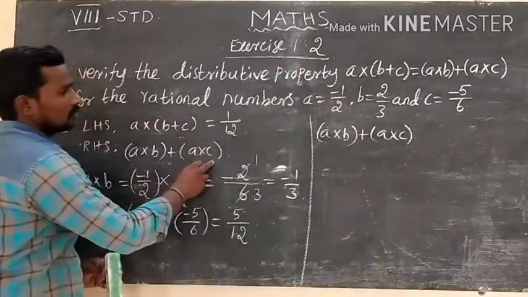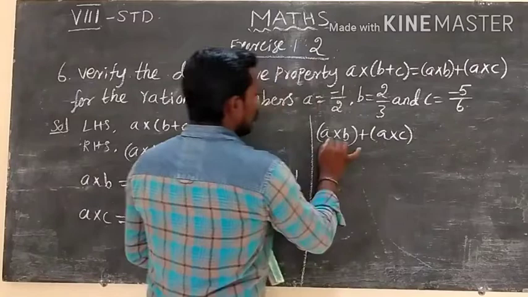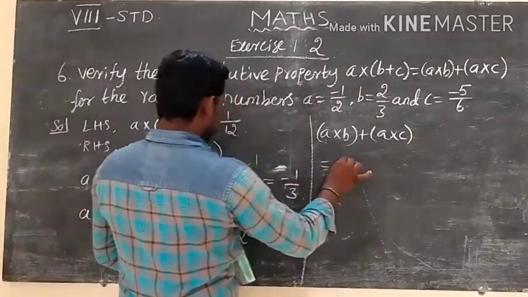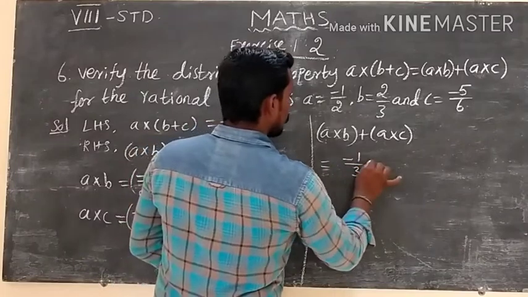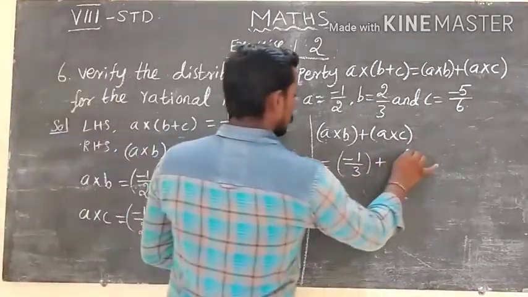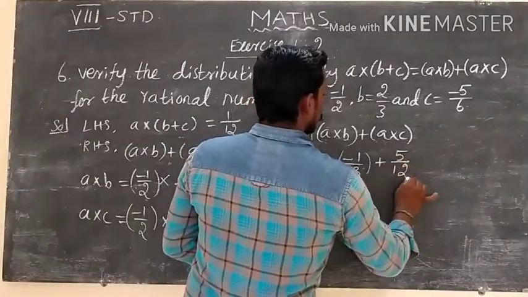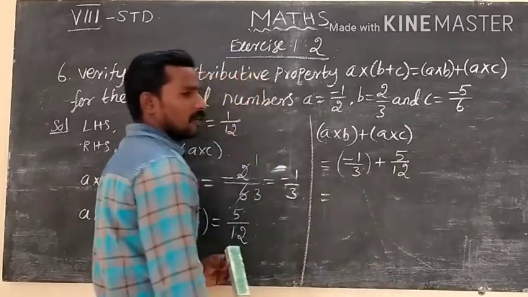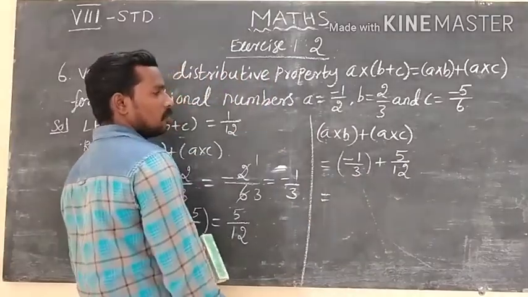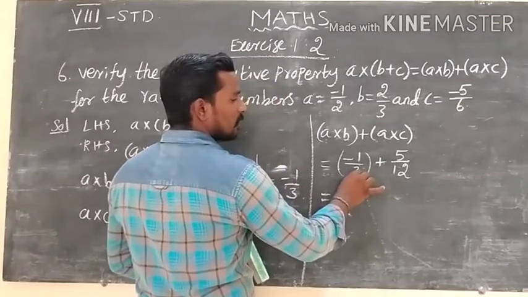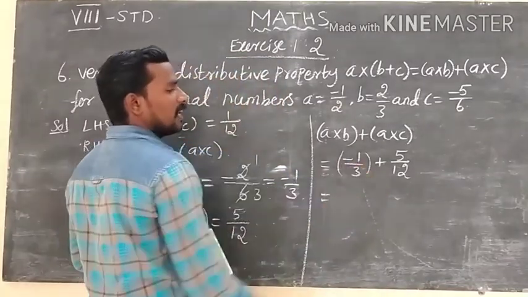For the RHS, we have to check: a into b answer is minus 1 by 3, plus a into c answer 5 by 12. Here both denominators are different, so we get unlike fractions. First change into like fractions. 3 multiplied by 4 we get 12.